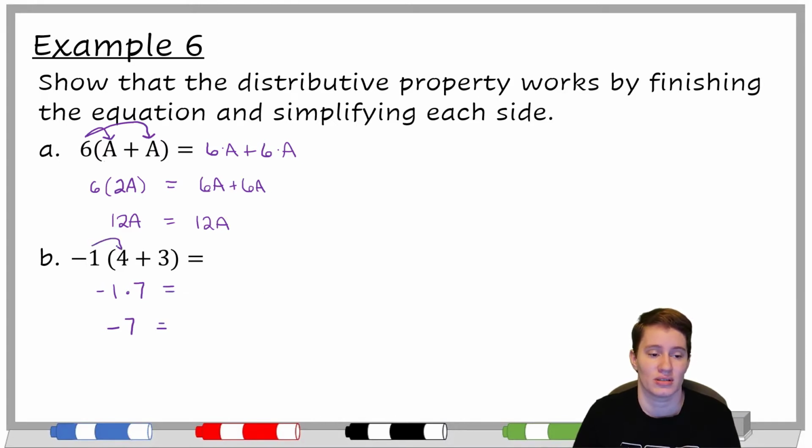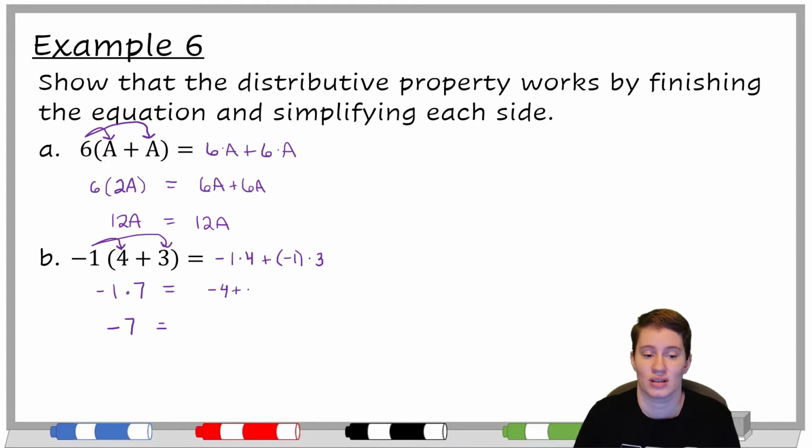Let's distribute this. We need to do negative 1 times 4 plus negative 1 times 3. I do think it's helpful to put this negative 1 in parentheses because of the plus in front. I think it looks better that way, but it's not strictly necessary. Negative 1 times 4 is negative 4.